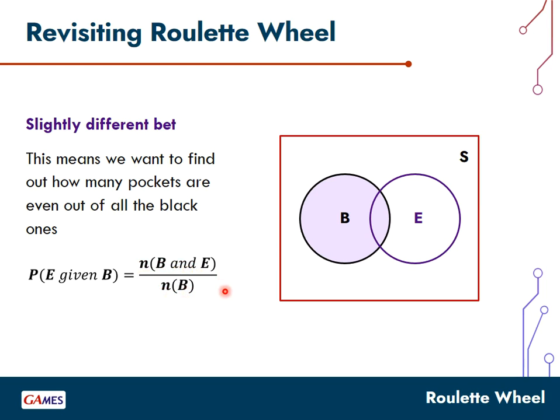But the exact formula for this conditional probability, instead of using numbers, we use probabilities, because we are still getting each of these probabilities by calculating them based on the original sample space.